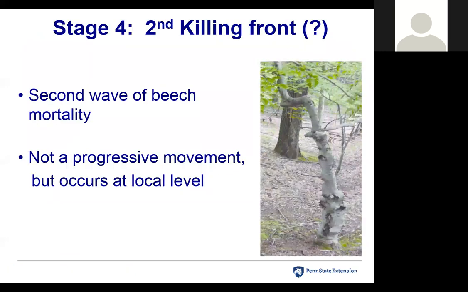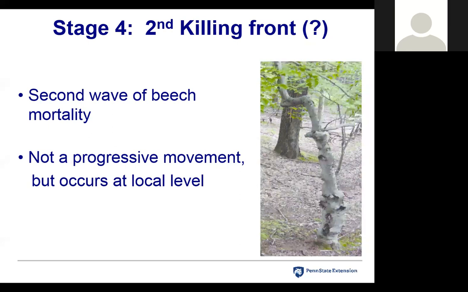So if I haven't depressed you enough already, I wanted to end on this, which I put as a question mark, stage 4 for beech bark disease, in terms of there now being some evidence of a second killing front coming through.